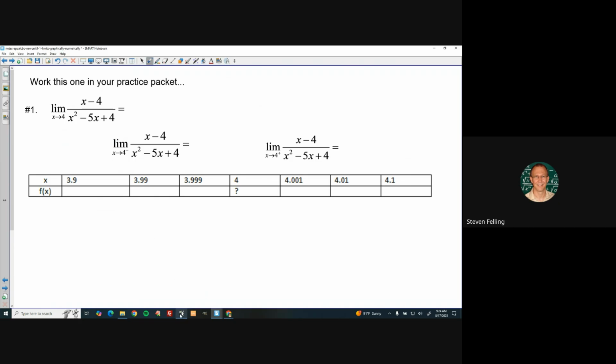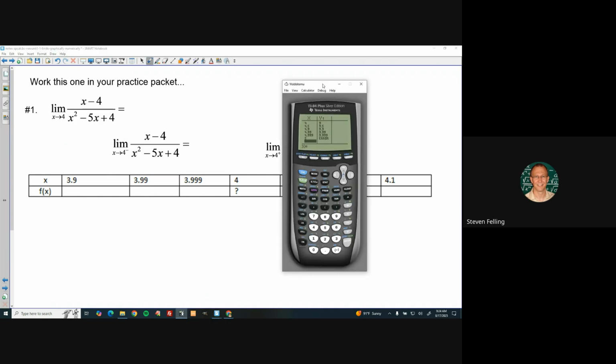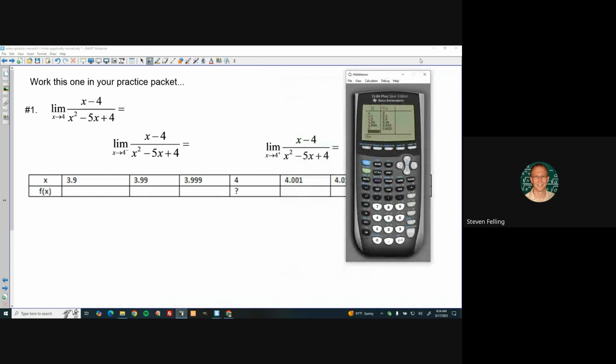All right, so I'm going to go ahead and use a table to plug these in really quickly. They're suggesting some numbers, and there's also a different function here. So I'm going to change my function, y equals, to be parentheses x minus 4 divided by parentheses x squared minus 5x plus 4.